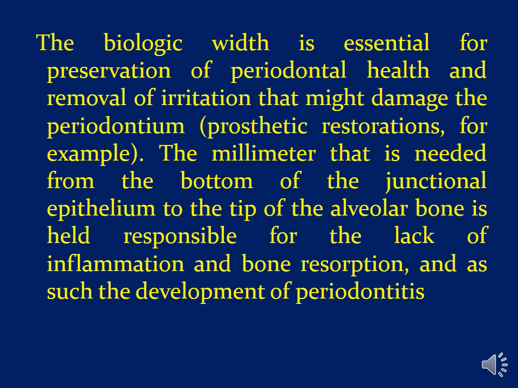Biological width is very important for the preservation of the periodontal health status and the removal of irritation that might damage the periodontium. Any prosthetic restoration, any crown should be away from the crest of the bone.